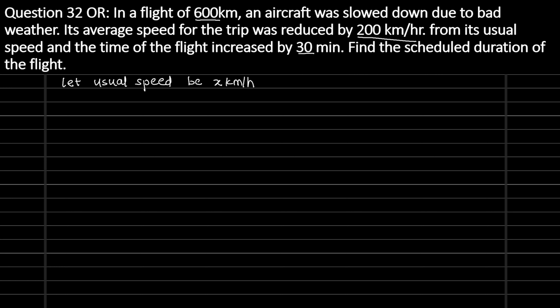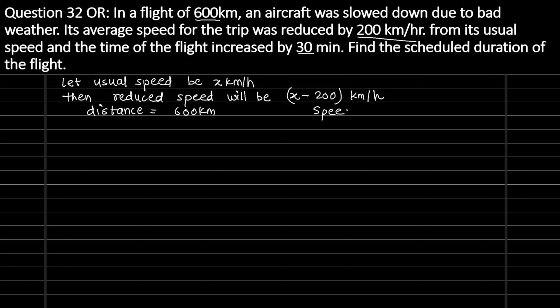Since the speed is reduced, the reduced speed according to the question would be x minus 200 kilometer per hour. For both cases, the distance is going to be the same, so distance is equal to 600 kilometer. As we already know, speed is equal to distance upon time.